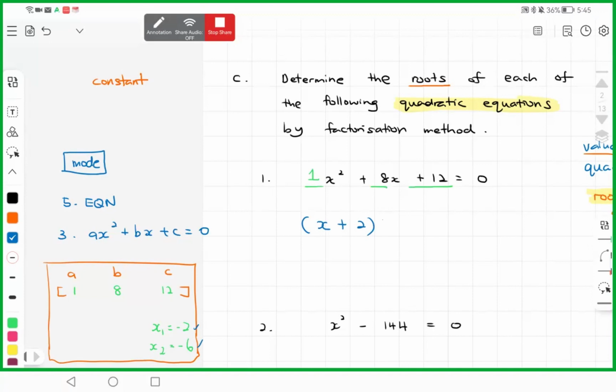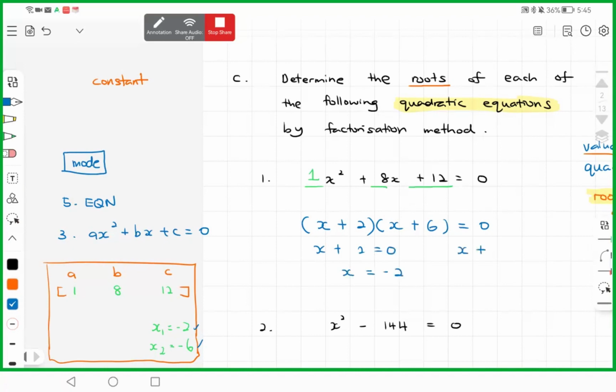The second bracket will be x plus 6 equal to 0. After this, we can write x plus 2 equal to 0, that's why x equal to -2. And the second bracket, x plus 6 equal to 0, hence x equal to -6. So you will see your answer is exactly the same.